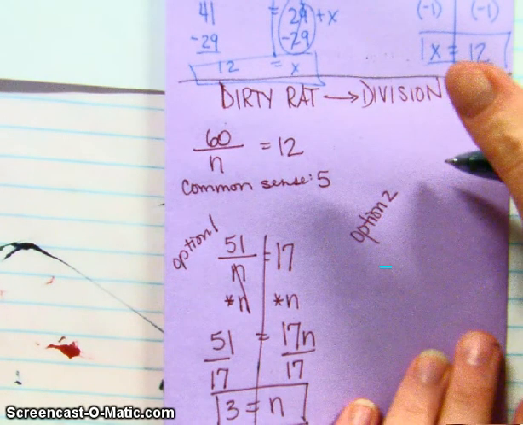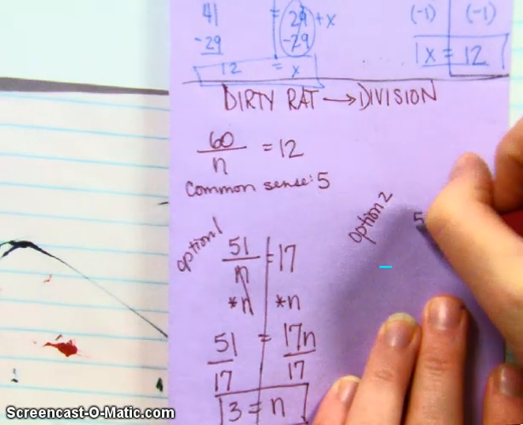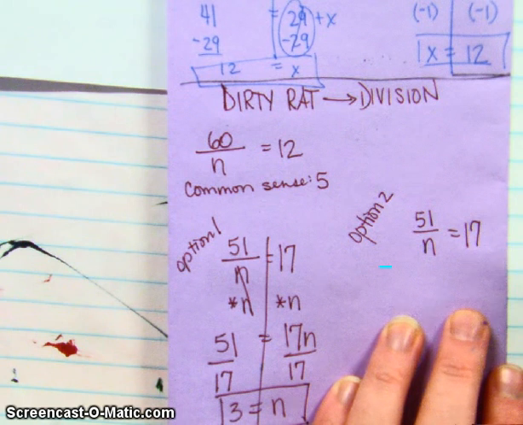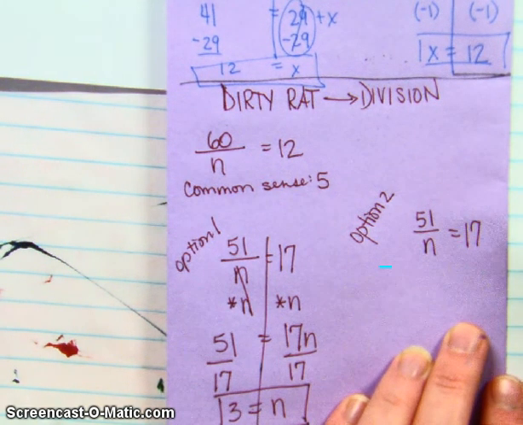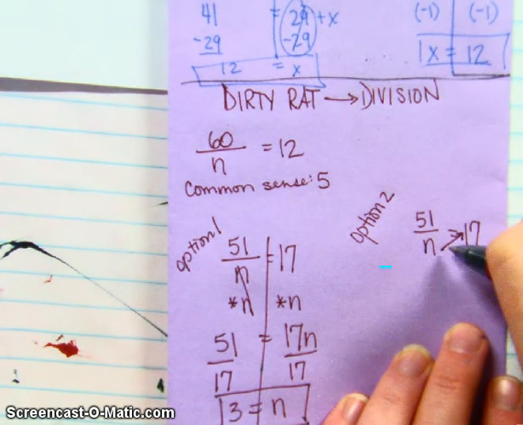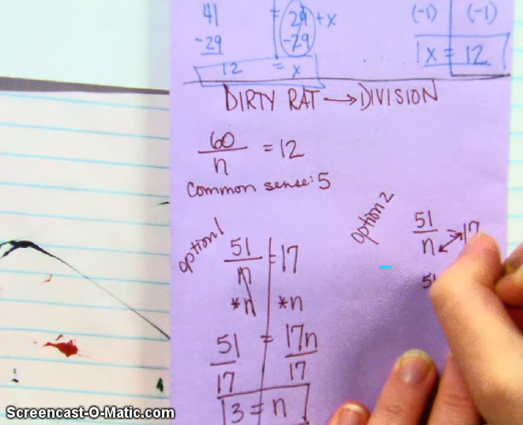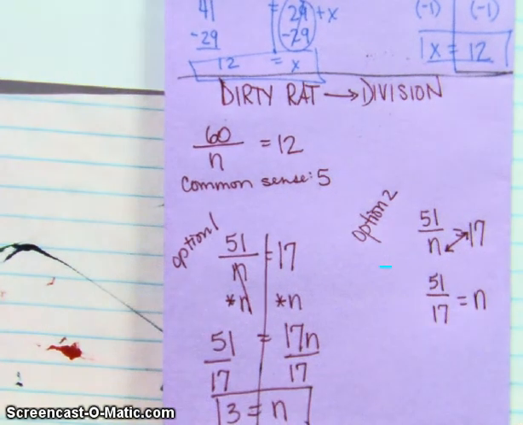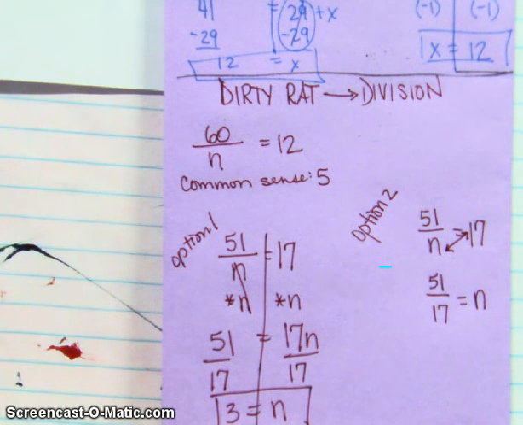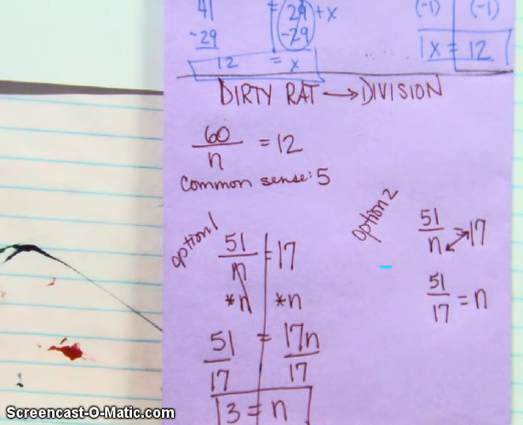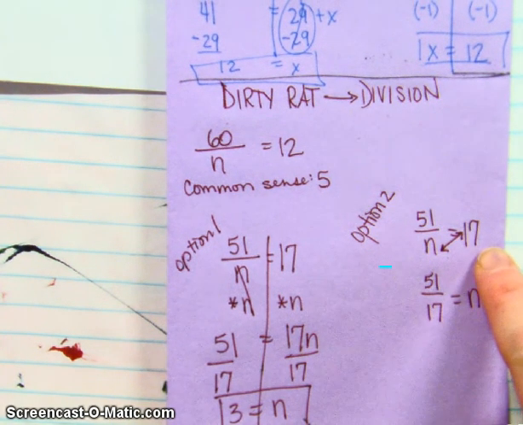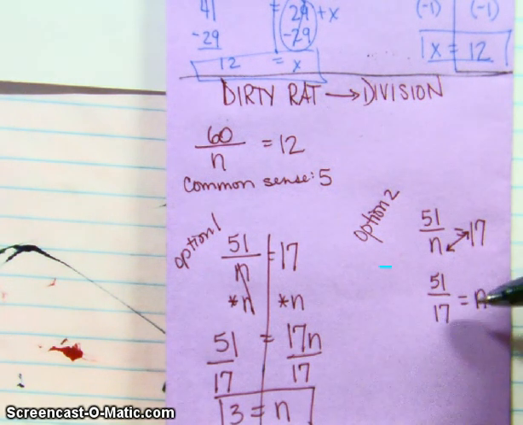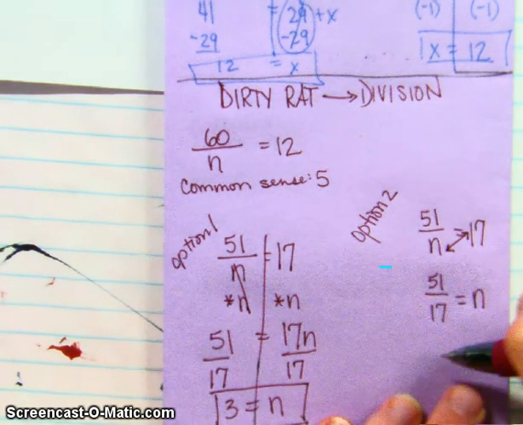So thinking about that, if we had 51 divided by n equals 17, I could do this. I could switch the places of the variable and this number over here and find what 51 divided by 17 is and find my missing value. And it is 3.